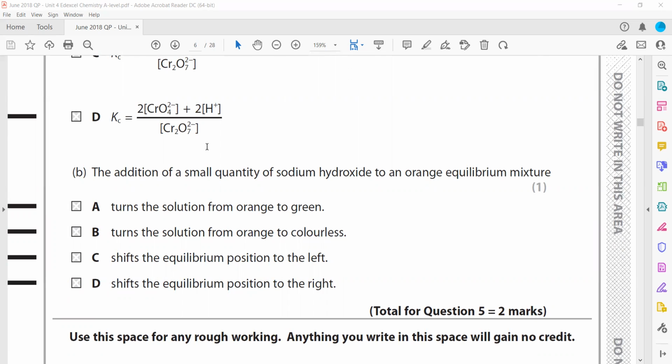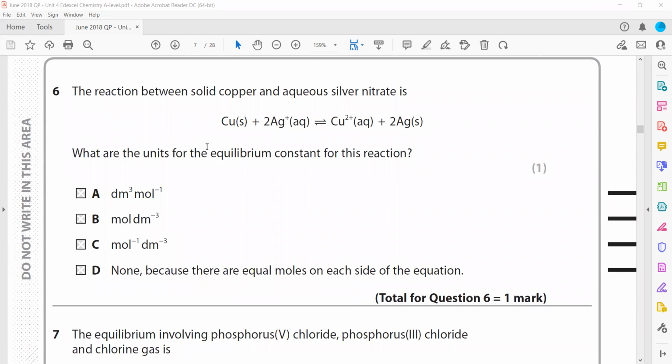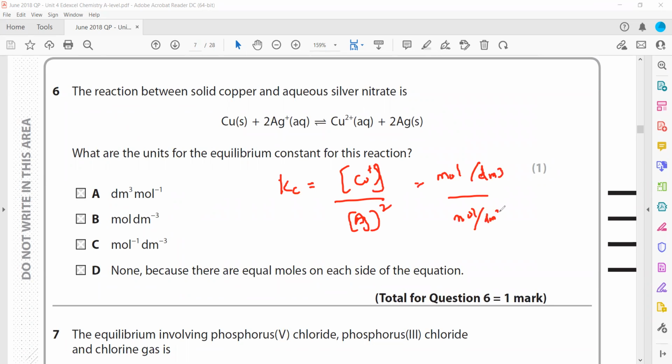Then, the reaction between solid copper and aqueous silver nitrate. What are the units for the equilibrium constant for this reaction? Look, again, it is a heterogeneous equilibrium, so it is always product divided by reactant. So copper ion I will include, and silver, squared. The units are mole per dm cube divided by mole per dm cube squared.